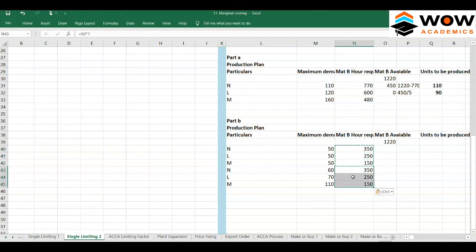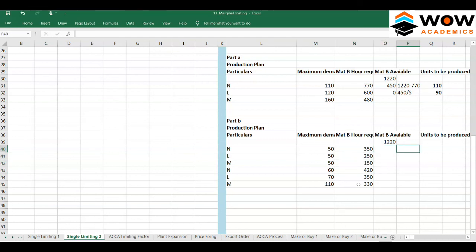So we can put it here also. So it is 60 units into 7 kg, 70 units into 5 kg, and 110 into 3 kg. Okay, so this is how we are going to sell it. So this is the material required. So first we have to allocate to all of these, right?